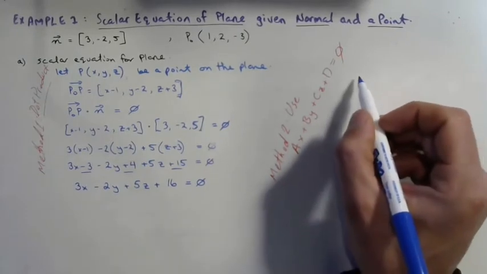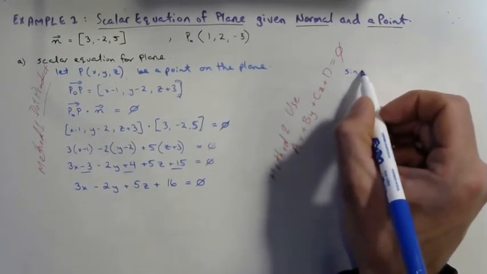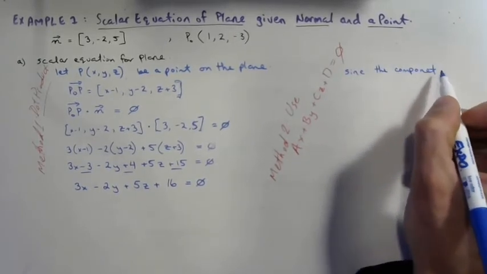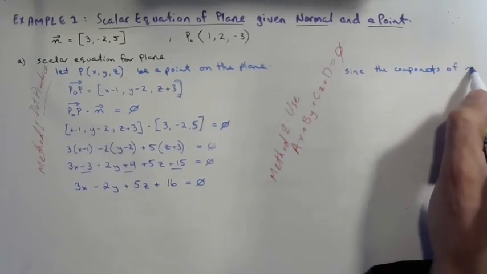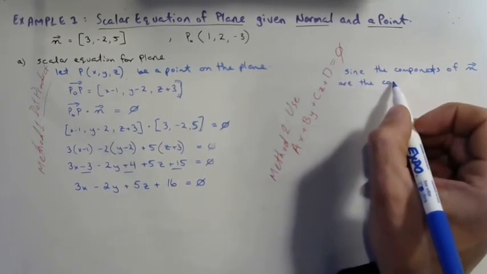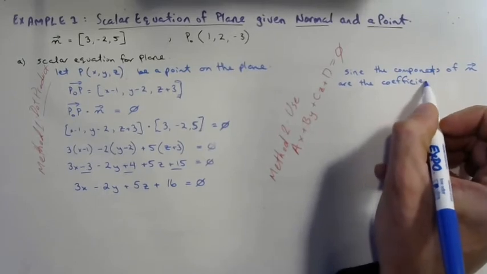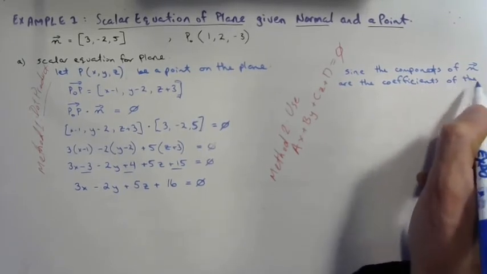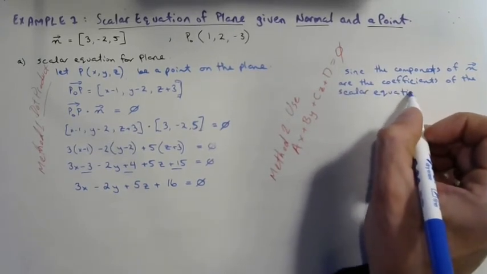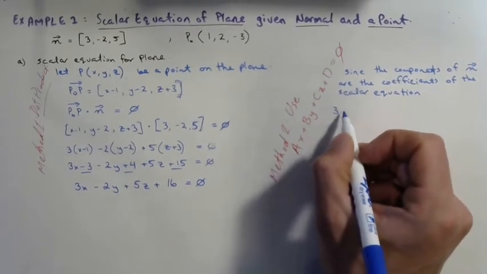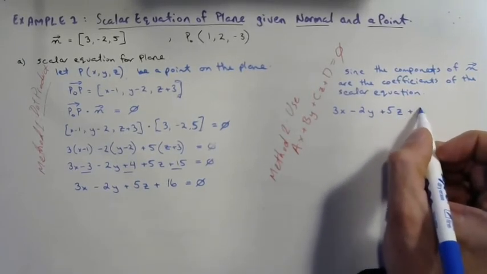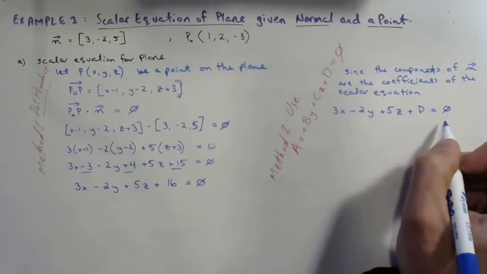So that tells us that, or maybe I can say since, the components of n are the coefficients of the scalar equation, I can simply write 3x minus 2y plus 5z plus d equals 0.